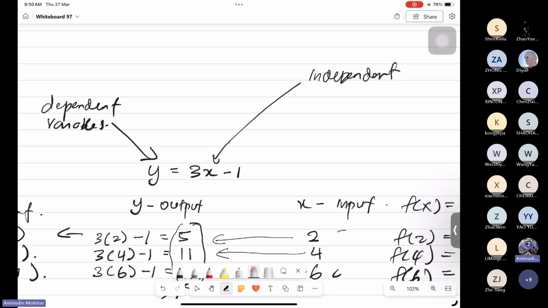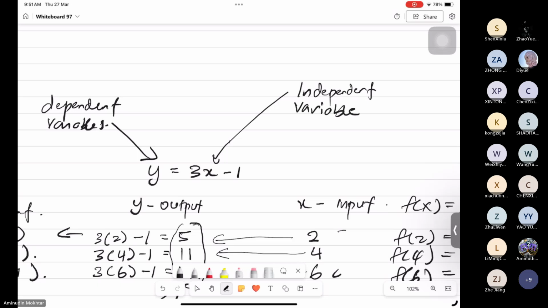Independent variable in Bahasa we call it pemboleh ubah bebas.